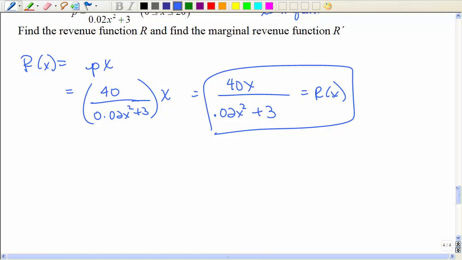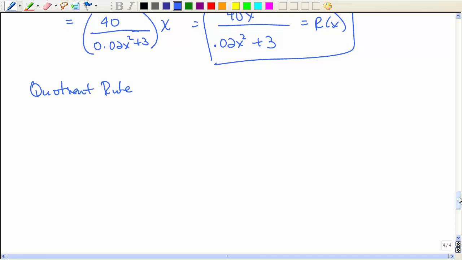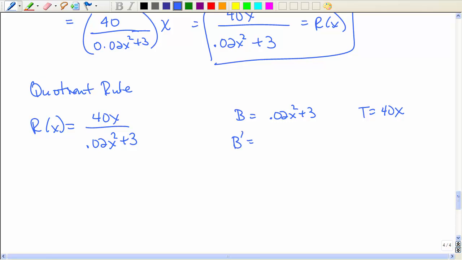The reason I've chosen this problem is that it's very close to number 17 on page 207, and it's probably close to one of the problems in your electronic homework. It's going to give us the opportunity to practice that quotient rule, which we don't get a lot of practice with. So let's remember that quotient rule. We have our function, and I'm going to take the bottom and the top, and then take the derivative of each of those.